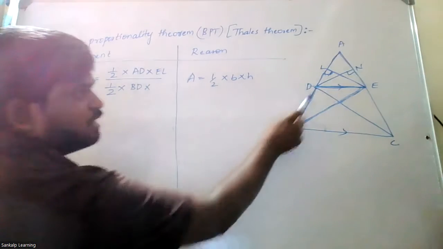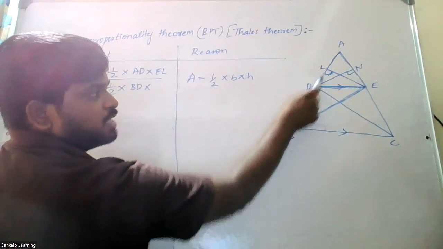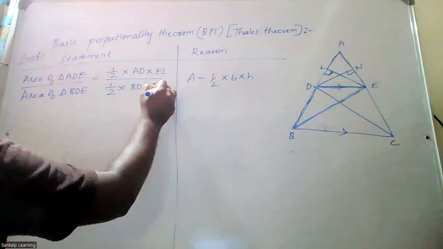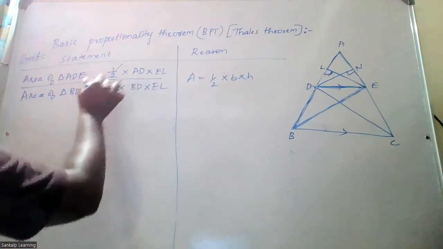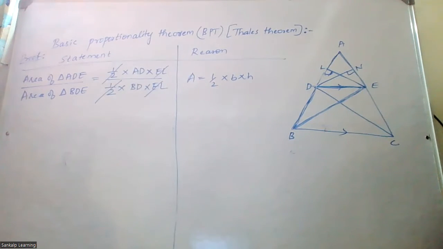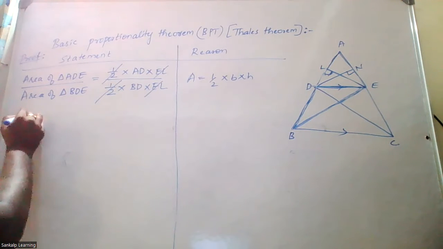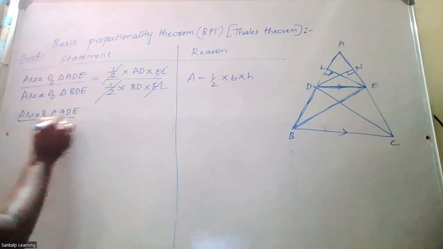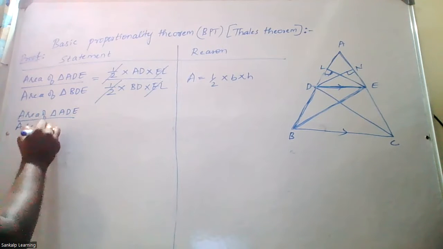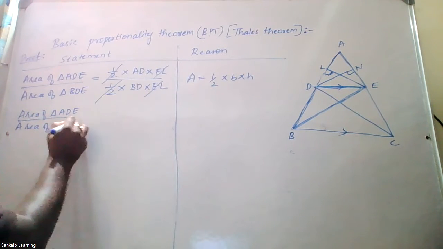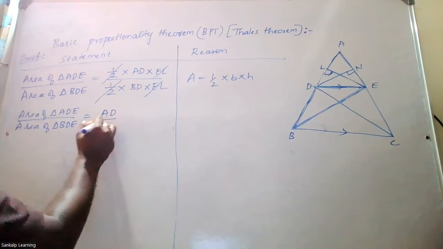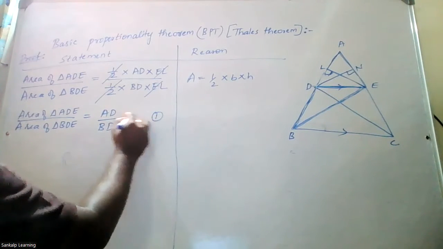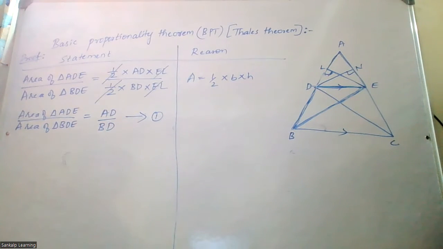See, I've just extended the base. This is the base, extended from outside. I've drawn a perpendicular. So again, EL will be the height. So what happens? Common things, half and half, EL and EL get cancelled. Therefore, we are left with area of triangle ADE by area of triangle BDE is equal to AD by BD. Let's take it as equation 1. Okay. A very easy one.